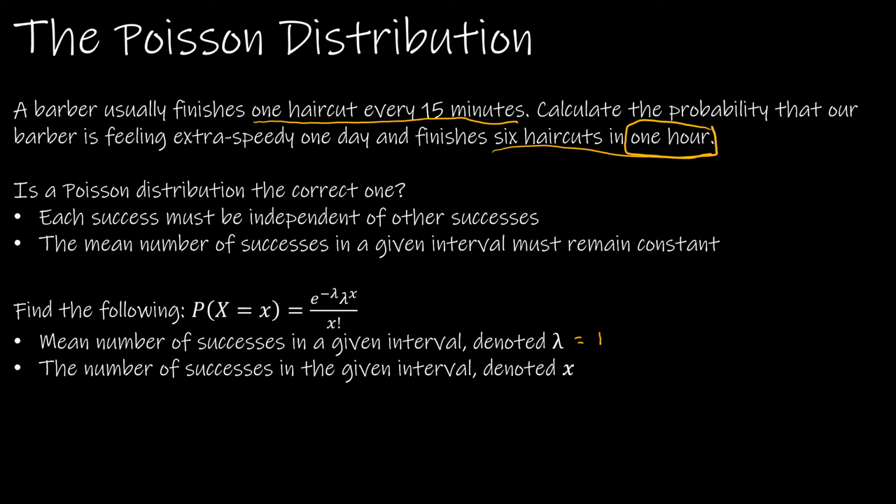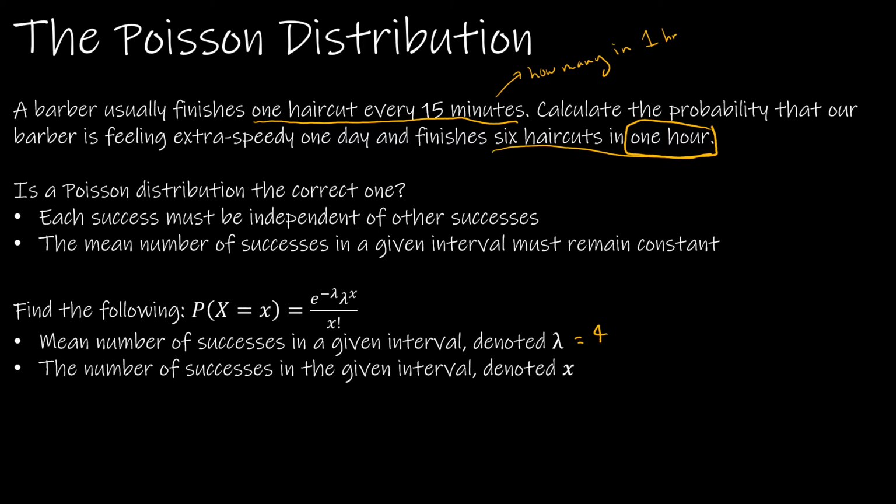I need to say, based on this, how many in 1 hour? And so if it's 1 every 15 minutes, then lambda is going to be 4. I can expect 4 in 1 hour given 1 every 15 minutes. And that's really the hardest part of this.